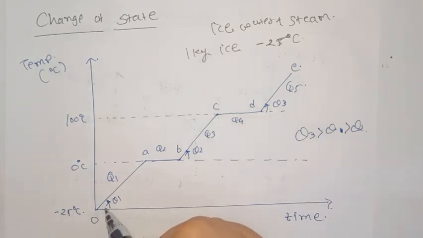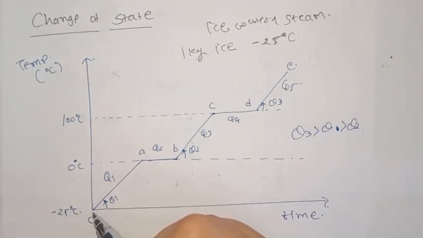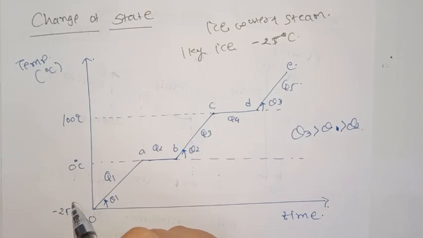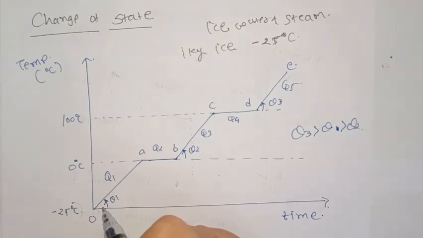Now, let us see the graph step by step. As the ice is initially at minus 25 degrees Celsius and its specific heat is 0.5 kilocalorie per kilogram degree Celsius, its temperature increases by 2 degrees Celsius per kilocalorie of heat supplied.